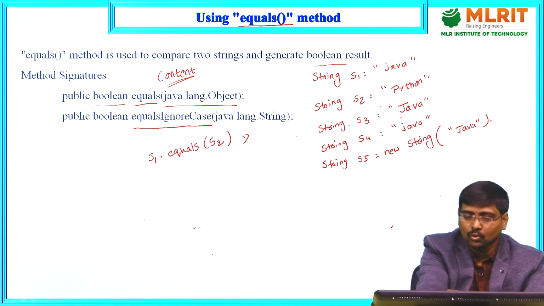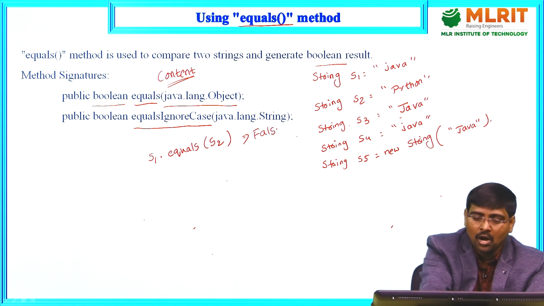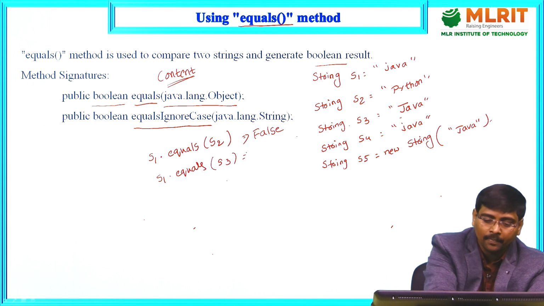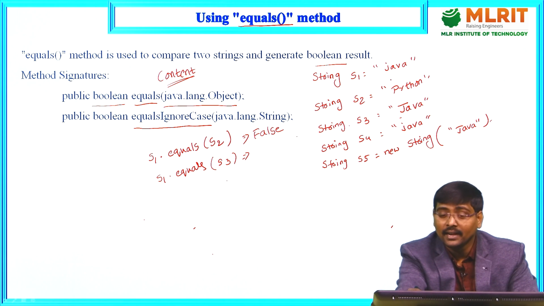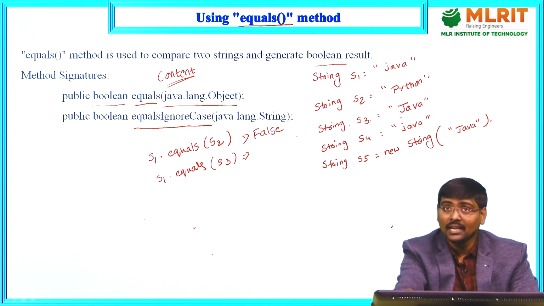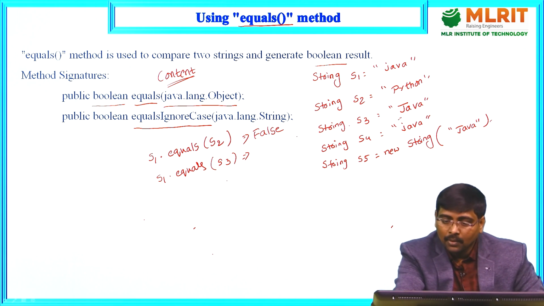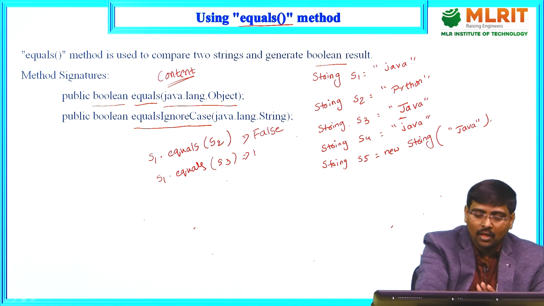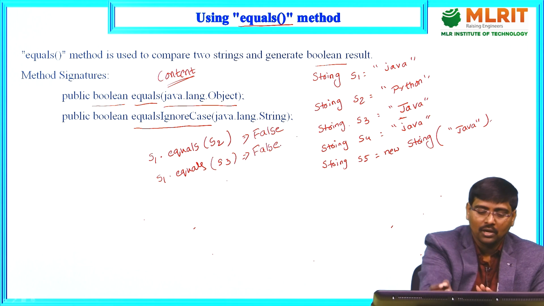S1 and S2, output is false. Now S1.equals(S3). Here S1 content is Java, S3 content is also Java, but here J is uppercase, there J is lowercase. So the output is also false.